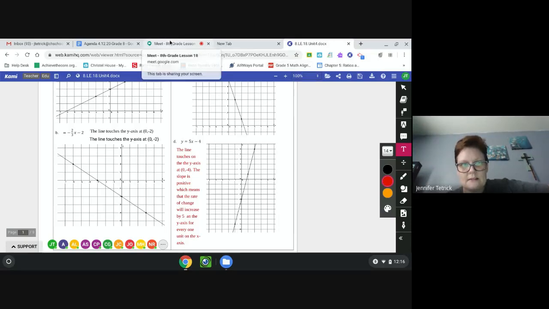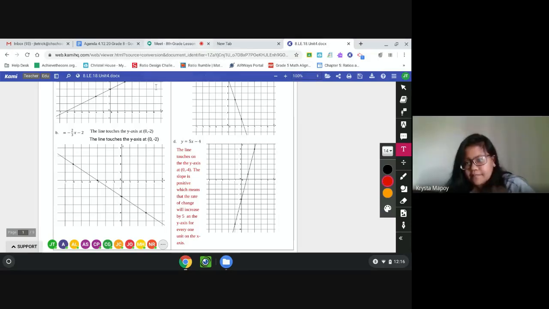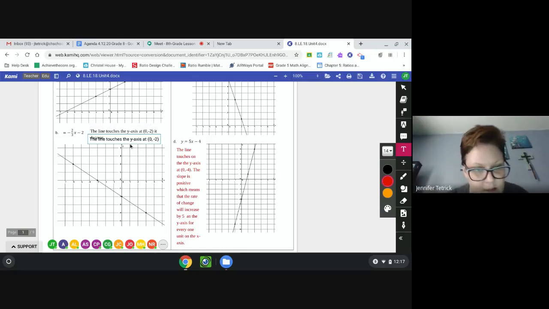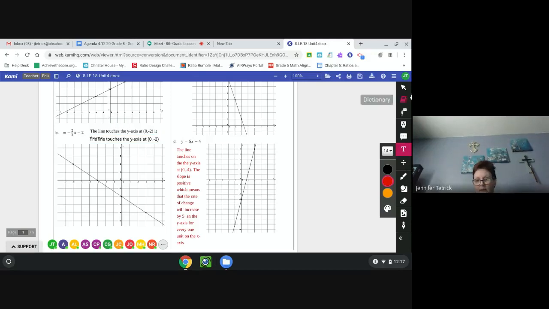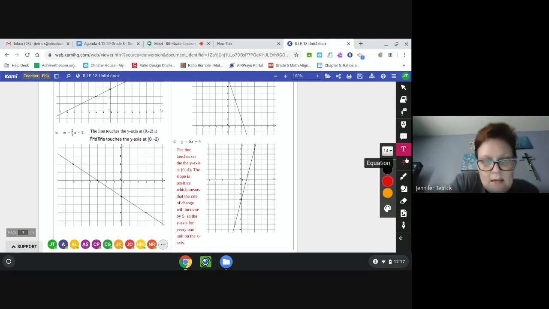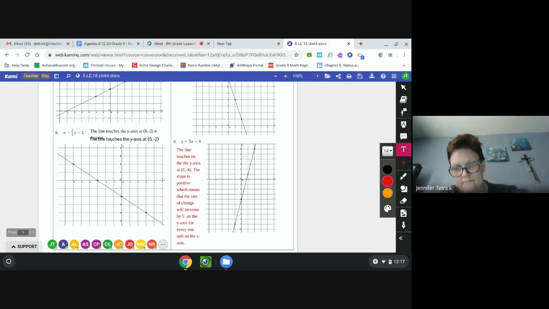Do you know what that said, Mapoy? Yeah, I got it. I see it decreases by 2. So for every time that it decreases by 2, it will move positive by 3 on the x-axis. Because remember, it's like a battery.